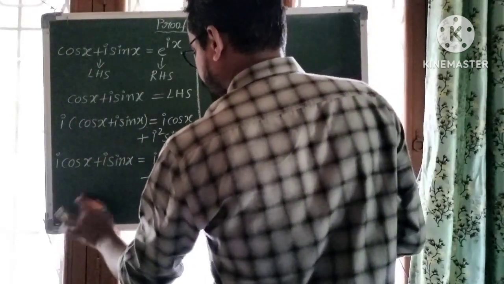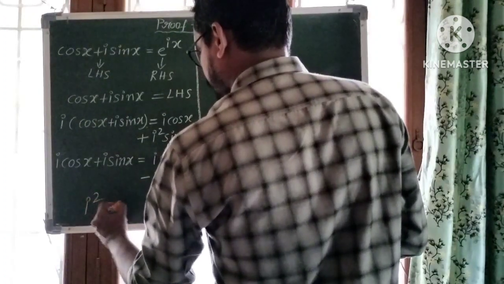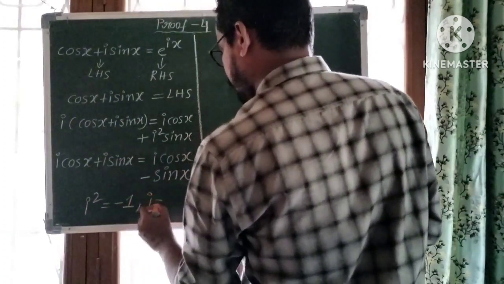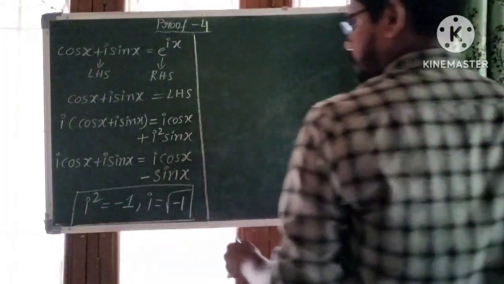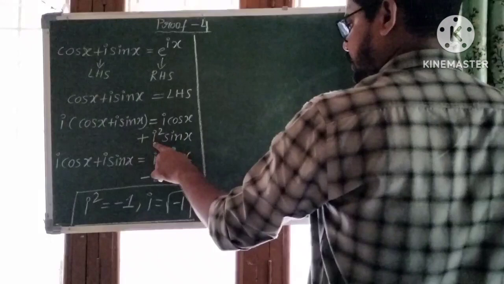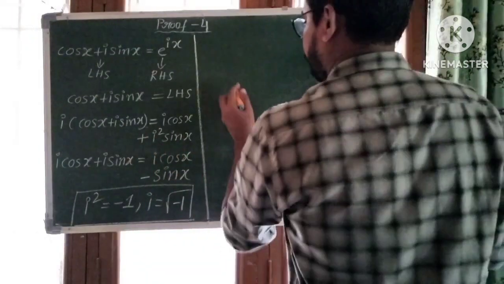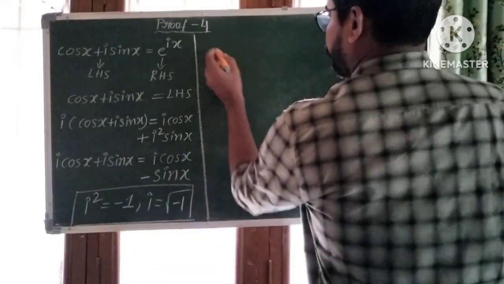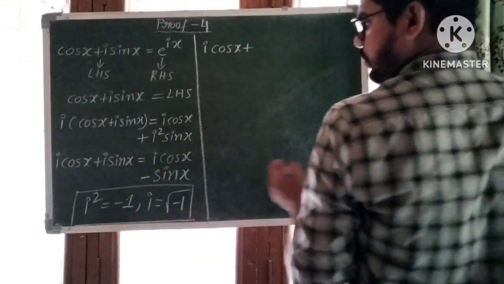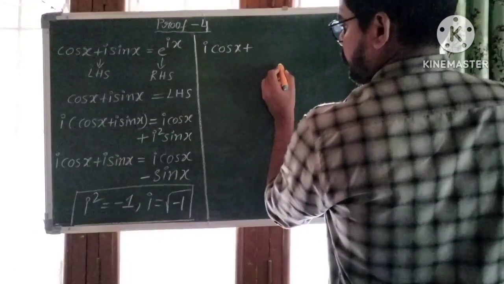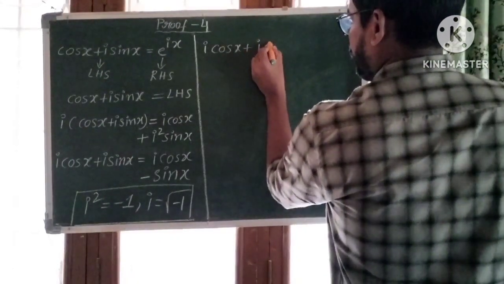In complex numbers, i square is equal to minus 1 and i is equal to root over minus 1. Remember these values. So i cos x minus sin x.